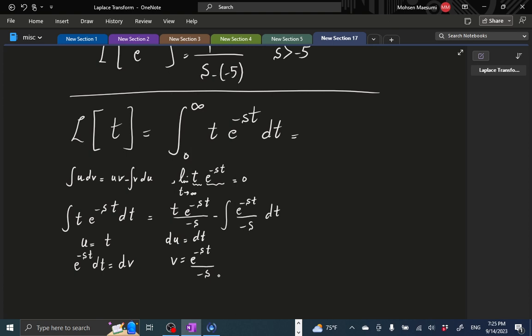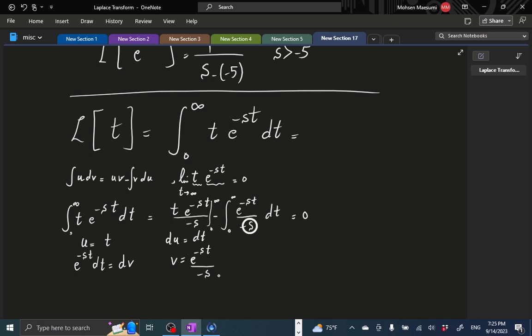We need to calculate this from 0 to infinity, so that means I have to evaluate this thing at 0 and at infinity, and so is this case. Now at infinity, the limit of this, as we mentioned, is 0. At 0, well, t is 0, so this term thankfully just drops out.